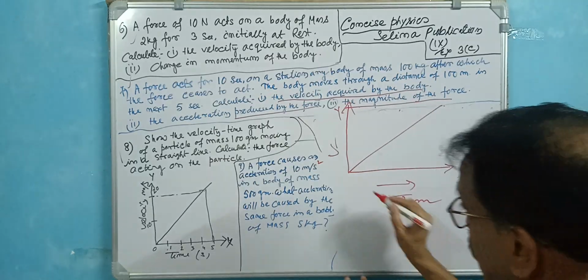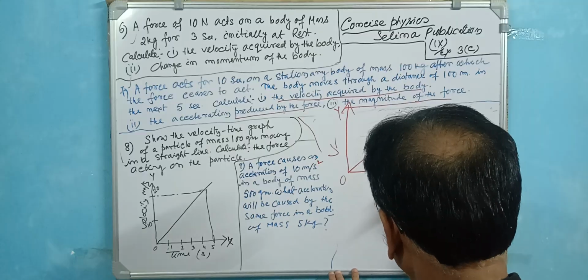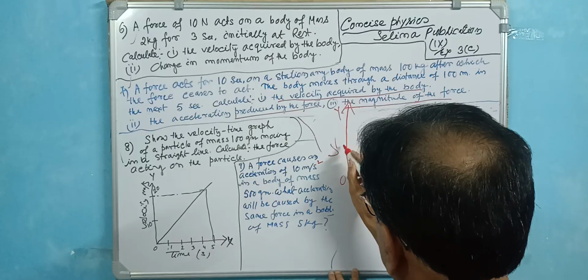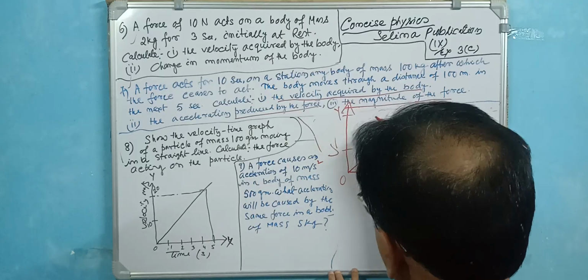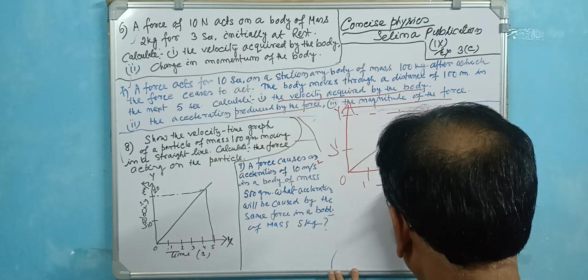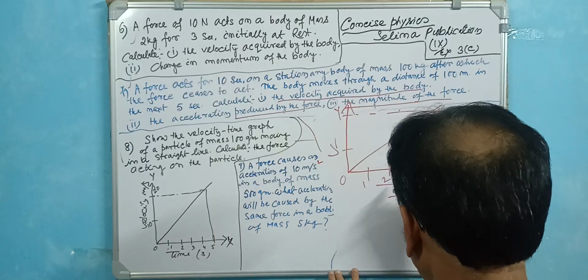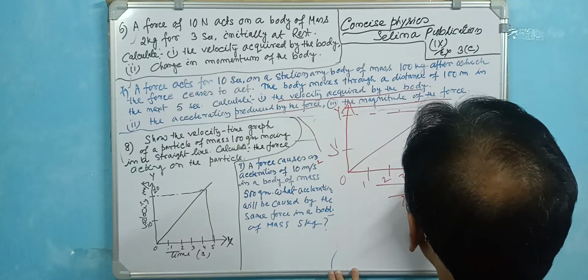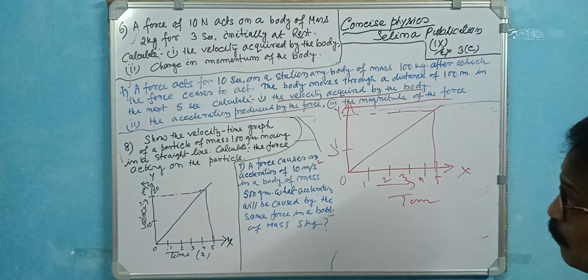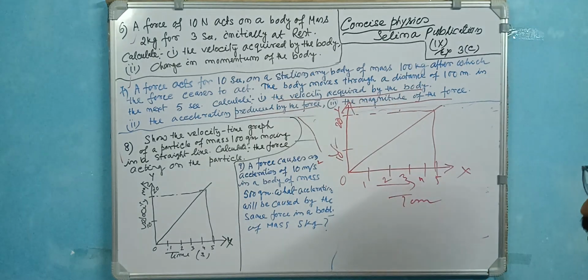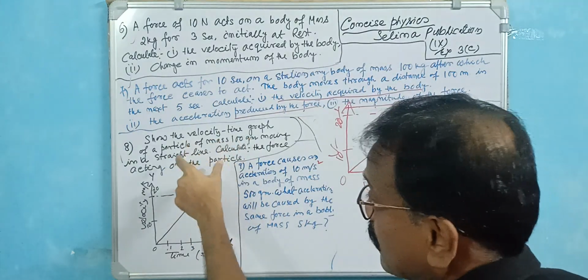Here is 0, this is 1, 2, 3, 4, 5, and on the other axis 10 and 20. The graph shows the velocity-time relation of a particle of mass.